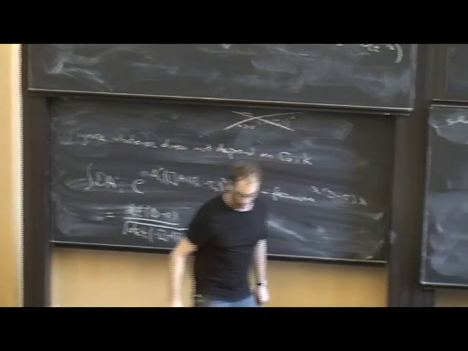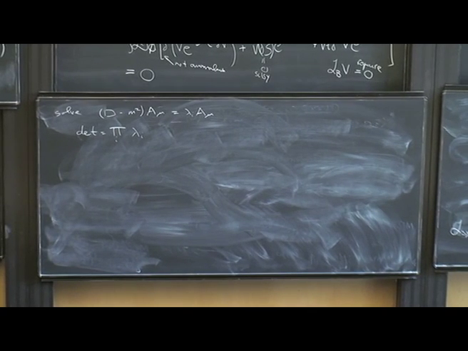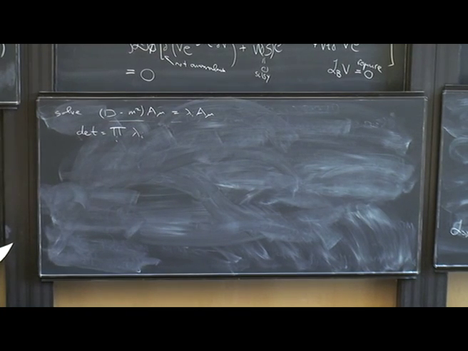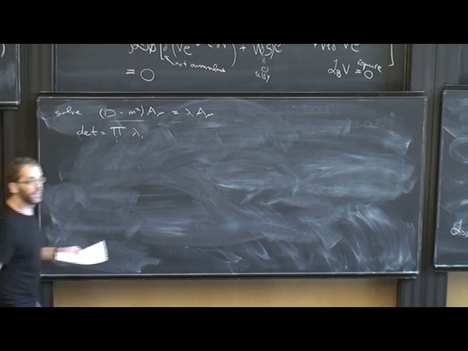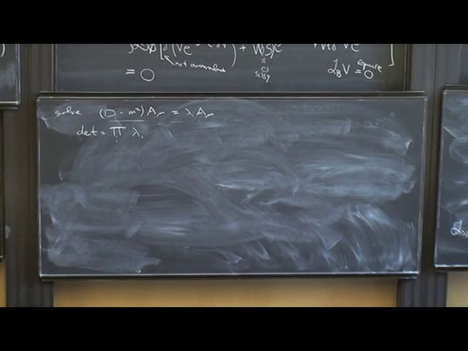So we need to find all the eigenvalues of this differential operator. Now we have all possible polarizations of the vector field, but in the initial case we had only a few of them.